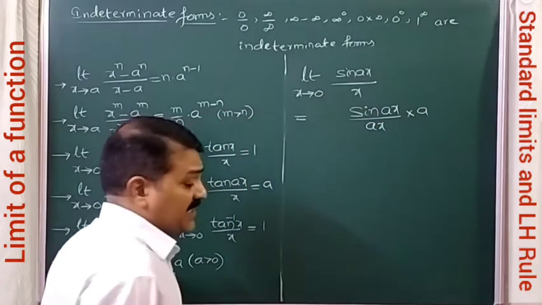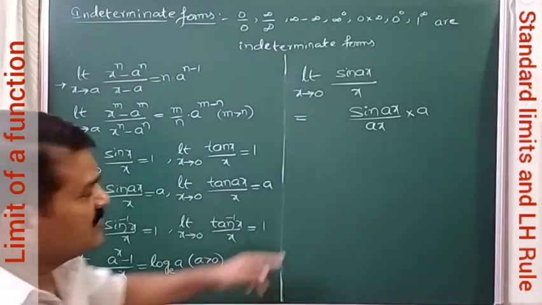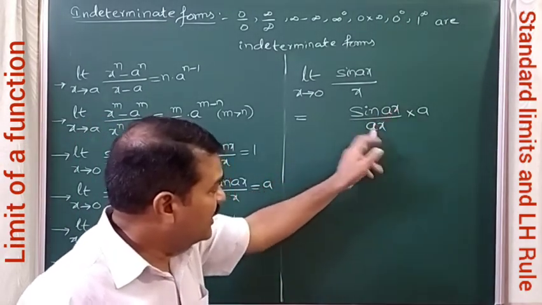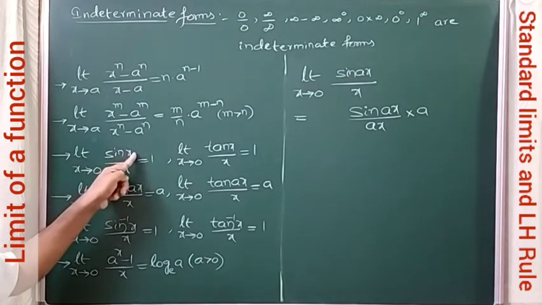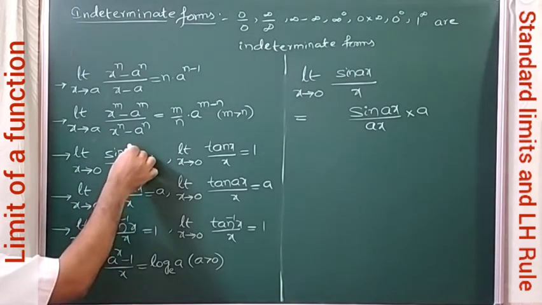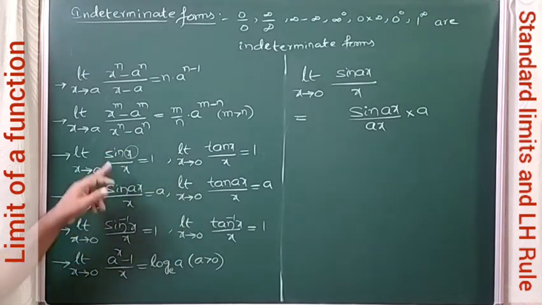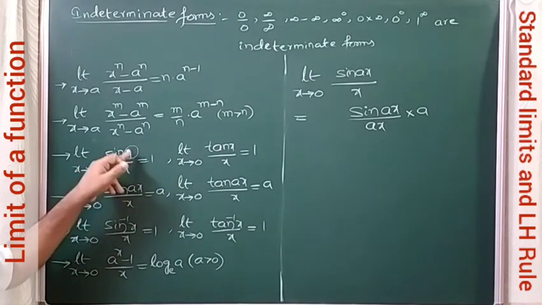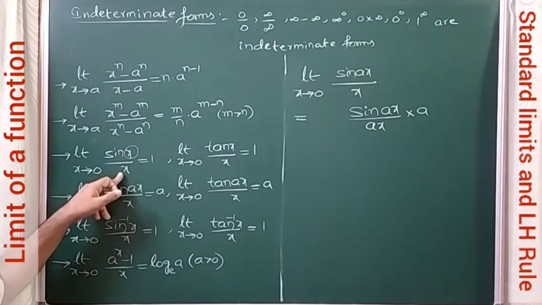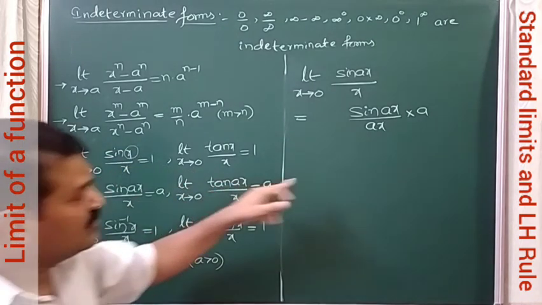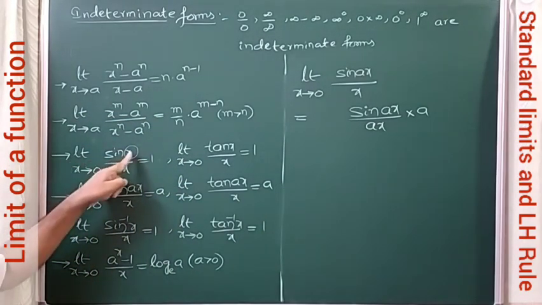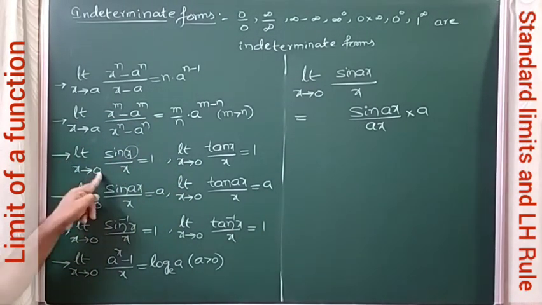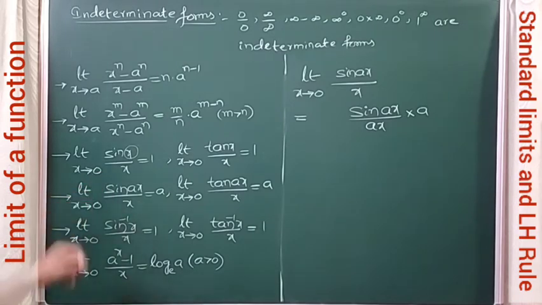Sin ax by ax means that is in this form now. Sin x by x, whatever you have as the sine function angle, the same you must have in the denominator. So this is the standard form. But actually, if you have sin x by x, then you must have limit x tends to 0.